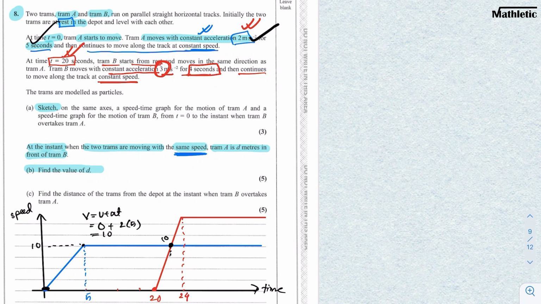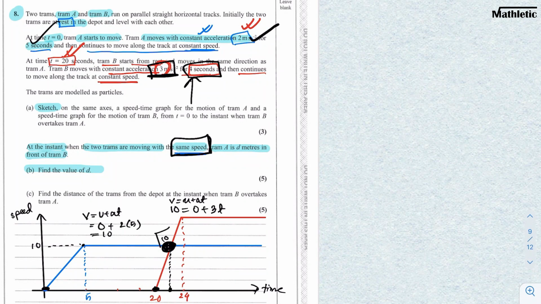So we need the time duration. We are working with this specific point. At that point, v is 10, u is 0, acceleration is given as 3, and we need to find the time. We cannot use that 4 seconds, as we are not trying to work with that point. We need the location when the speed is the same, which is this intersecting point.